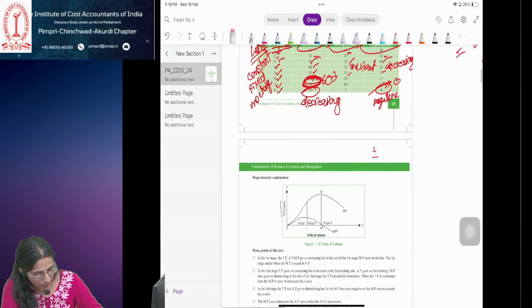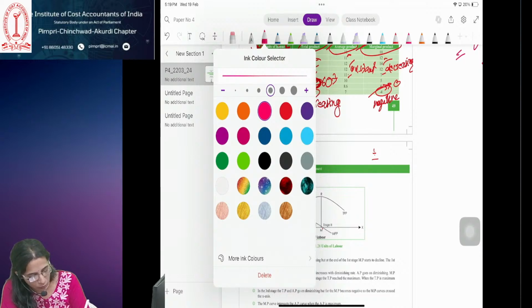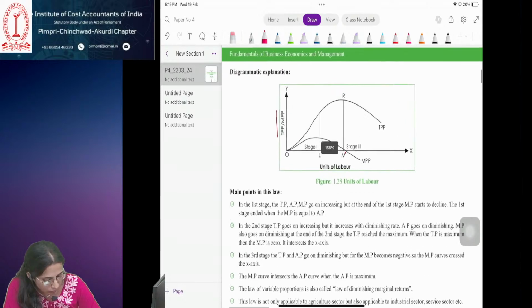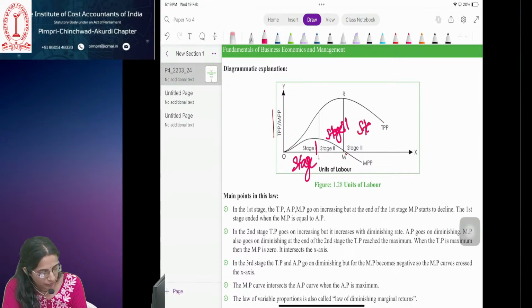Now we can start. See, again the law of diminishing marginal returns is coming into place. We are discussing the law of variable proportion and there are 3 stages in it: stage 1, stage 2 and stage 3.